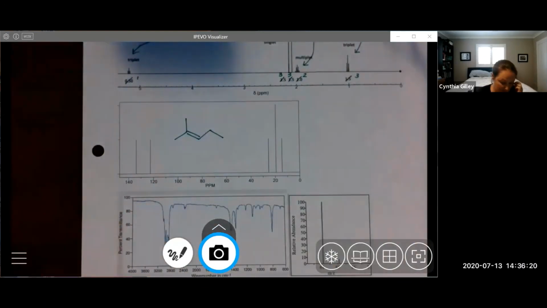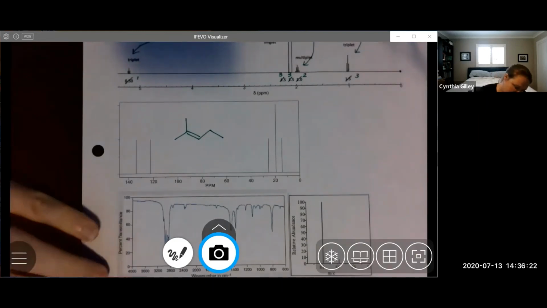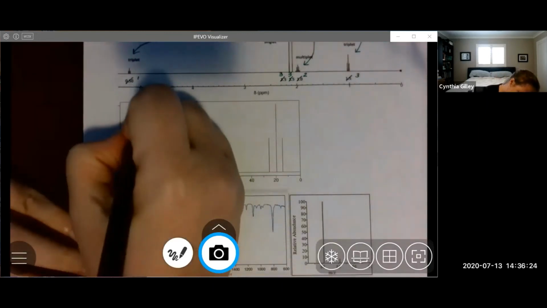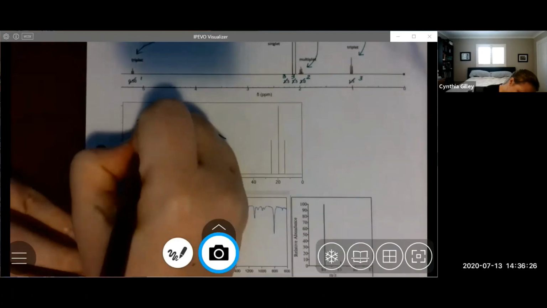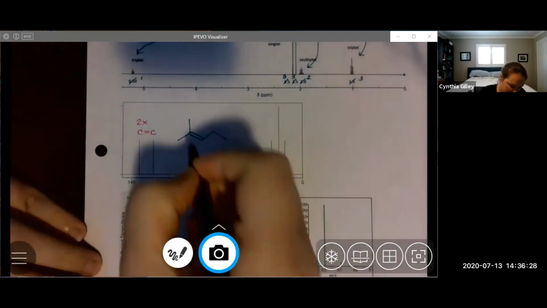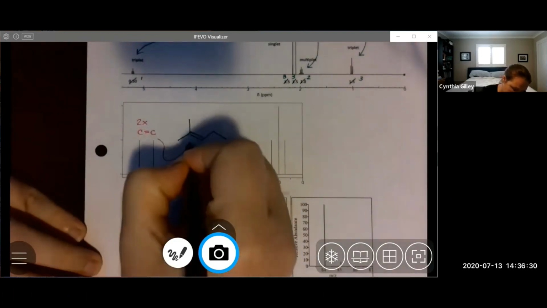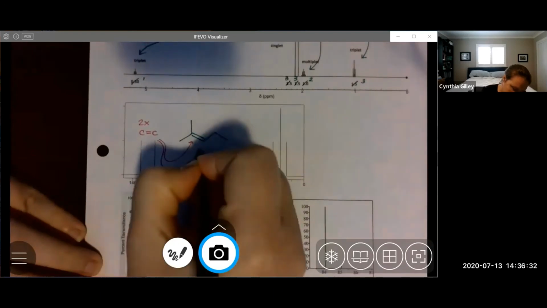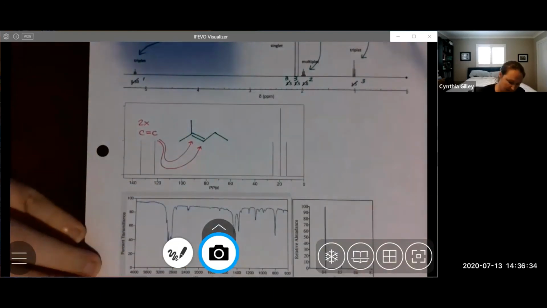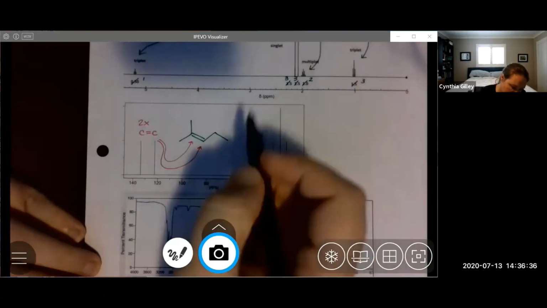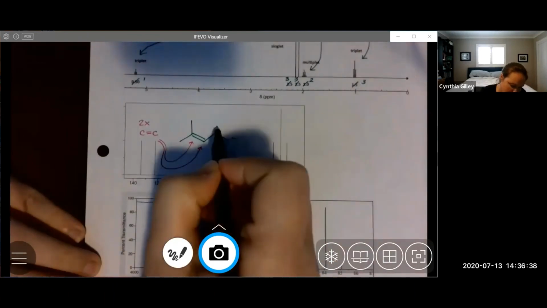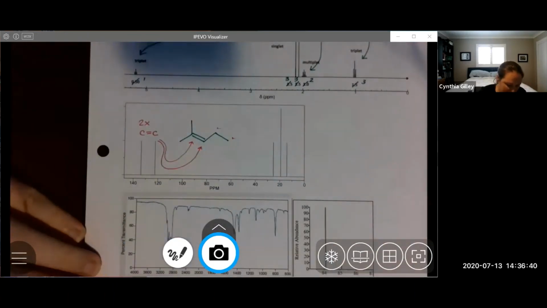In terms of carbon NMR, it also is a match because we would expect to have 2 sp2 hybridized carbons. So those would be here and here. And they're showing these as being equivalent.